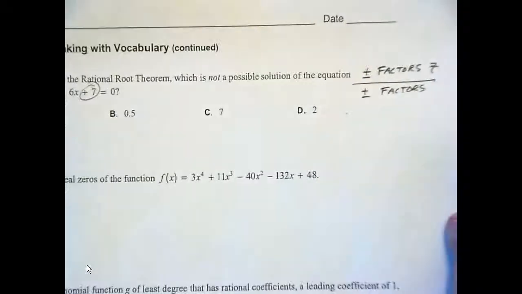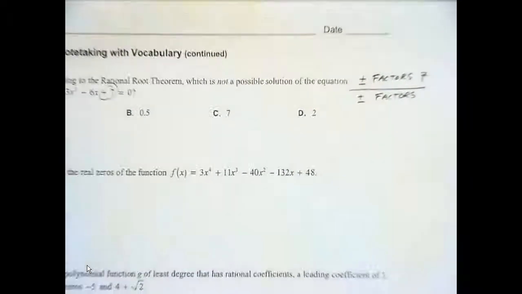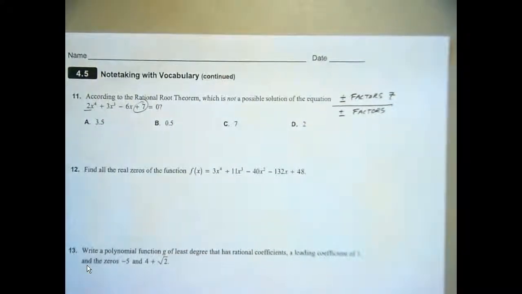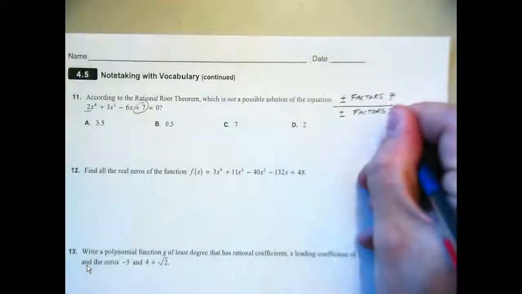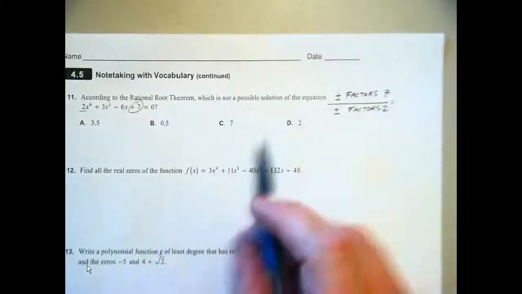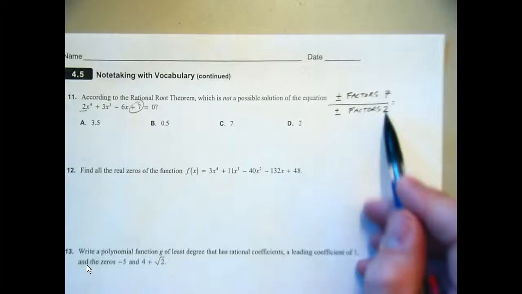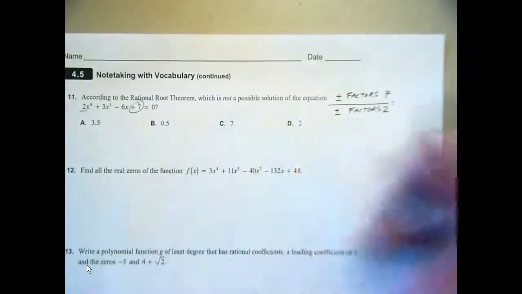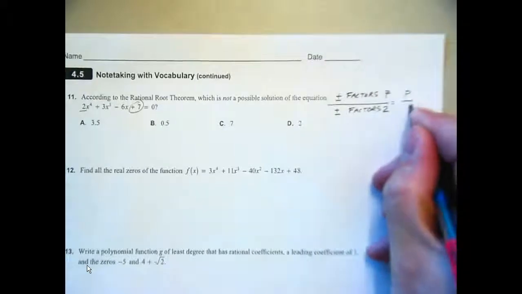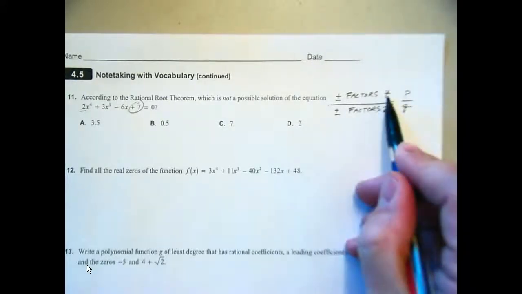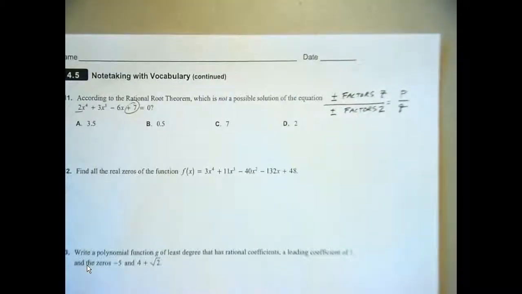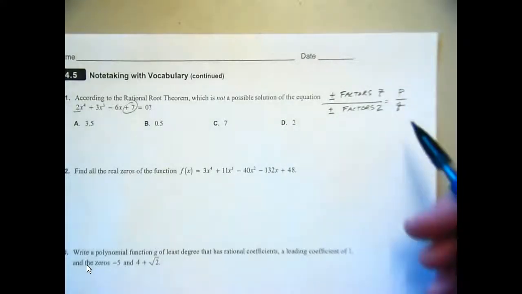My leading coefficient in this case is 2. My solution has to be a factor of, they're calling that P and that Q. So the factors of 7 are P and the factors of 2 are Q. My solution has to be P divided by Q.